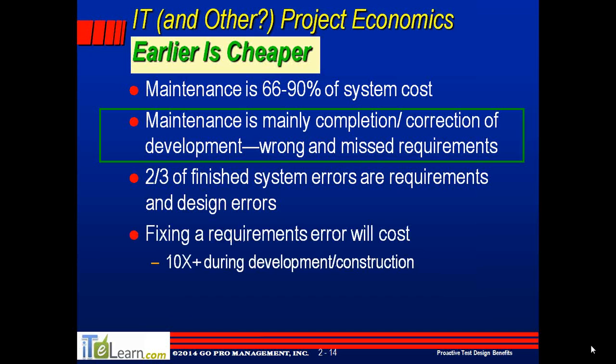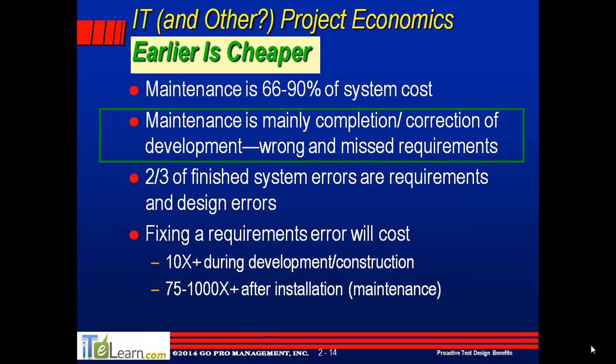Now let's look at the financial significance of this. If there's a requirement error and it's not caught until after it's been coded, it's easily going to cost 10 or more times as much to fix than if it had been caught before it led to incorrect coding. If that requirements error doesn't get caught until production, it's orders of magnitude more expensive to fix, 75, 100, 1,000, or more times as expensive to fix.